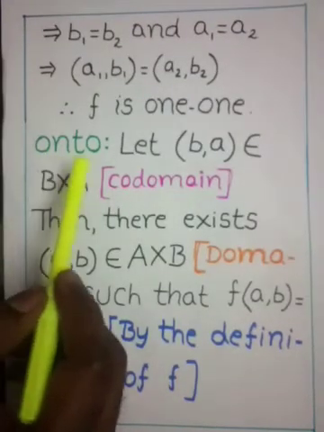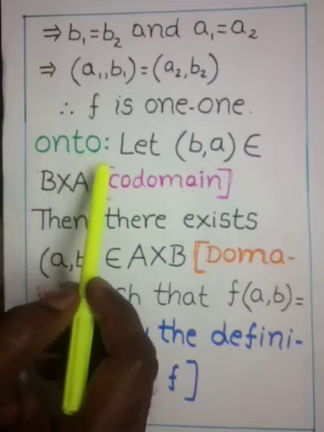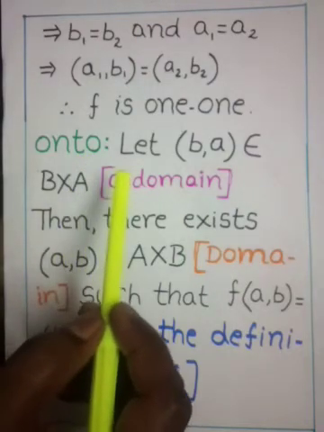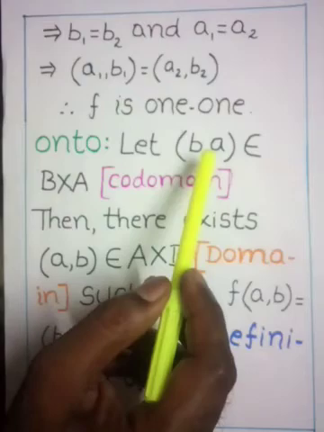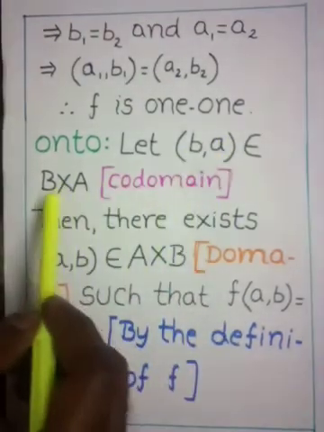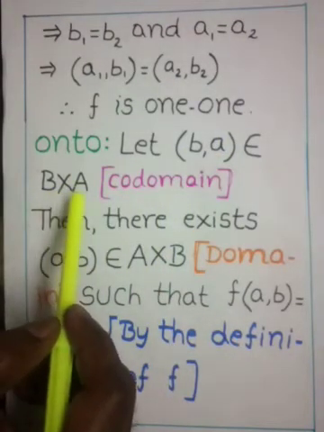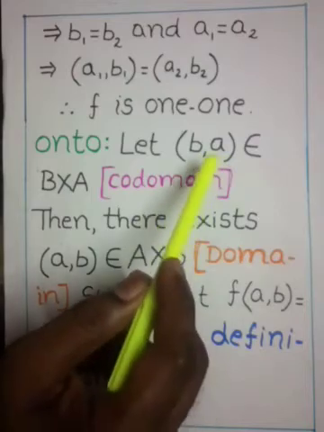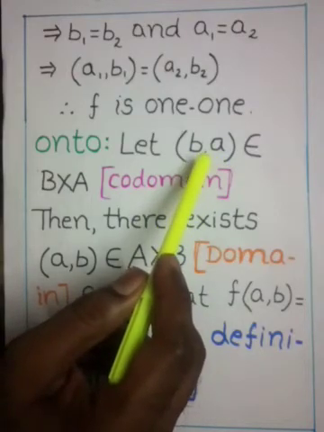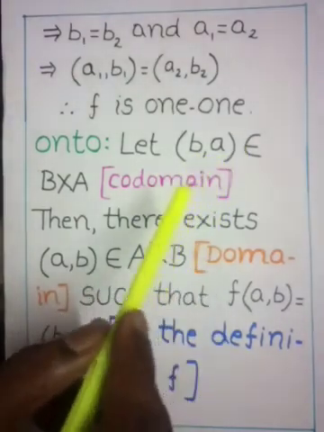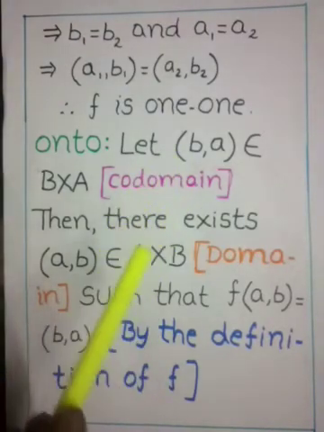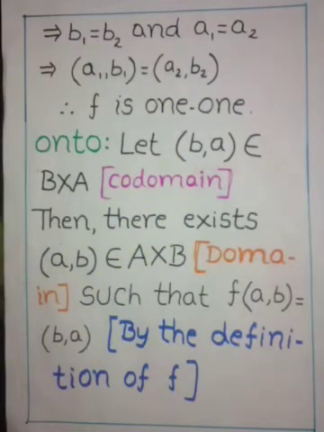Now we are going to prove that the given function is an onto function. So we have to select an element, the ordered pair (b, a), belonging to B cross A, from the codomain, and we prove that it has a pre-image in the domain. That is enough to prove the given function is onto.